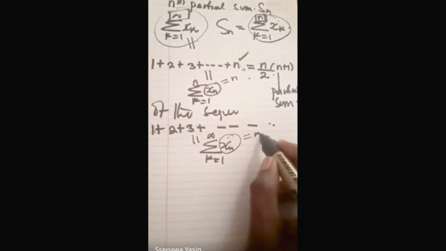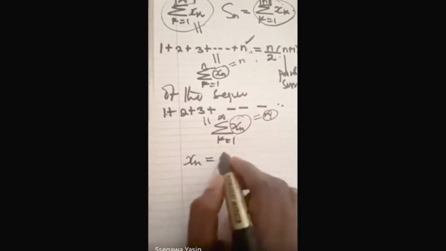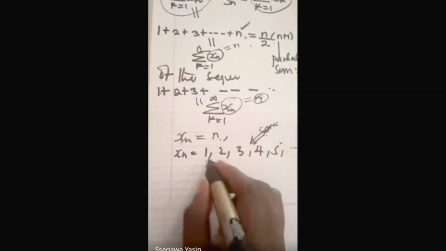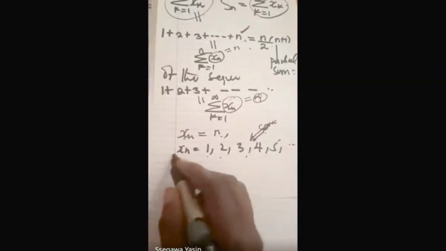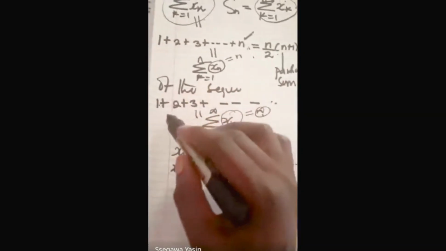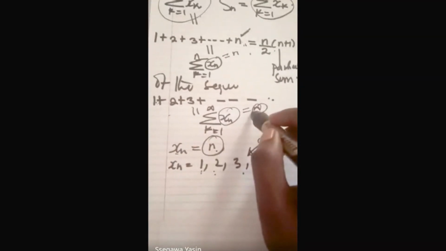Our sequence is n, because we have seen that xn equals n. If xn equals n, then xn is 1, 2, 3, 4, 5. When you want to convert this into a series, you keep adding these elements, and this confirms that this is the sequence. So partially, I'm adding up to a certain value, then if I add everything, it becomes the series.